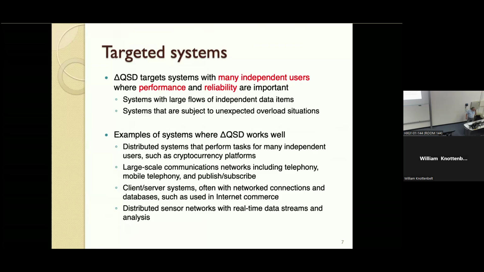So typically things like cryptocurrency platforms, but also large-scale communications networks, telephony, mobile telephony, publish-subscribe, social networks, large client-server systems used in internet commerce, distributed sensor networks. So large systems with lots of users and data flowing.